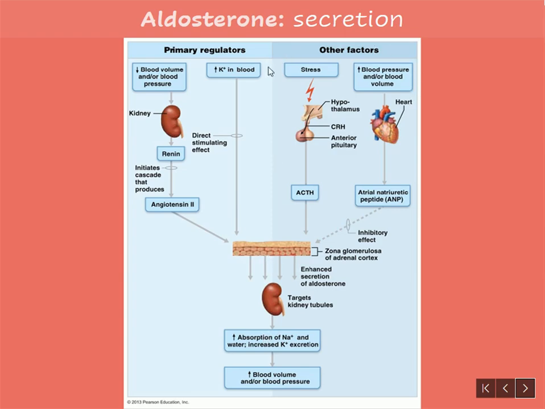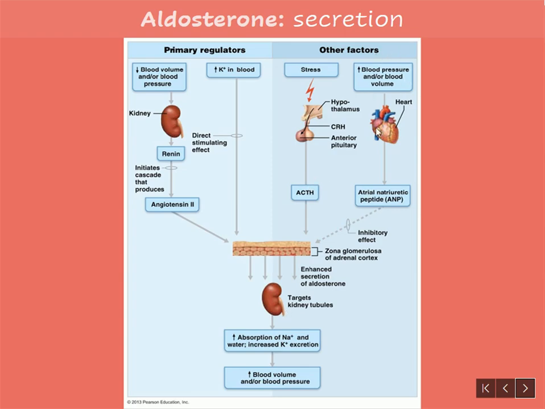But then on this side of the diagram are also included the two other factors that we spoke of. So stress activates the hypothalamus to secrete corticotropin releasing hormone. Corticotropin releasing hormone from the anterior pituitary causes the release of ACTH. ACTH causes the stimulation of the adrenal cortex and thereby also increases the release of aldosterone to a certain extent.